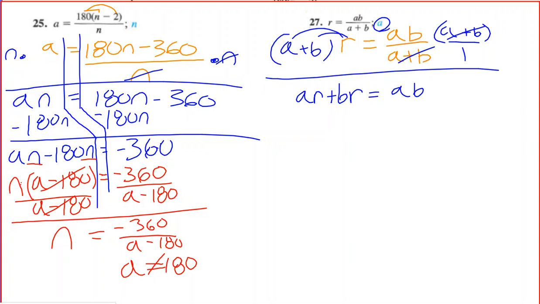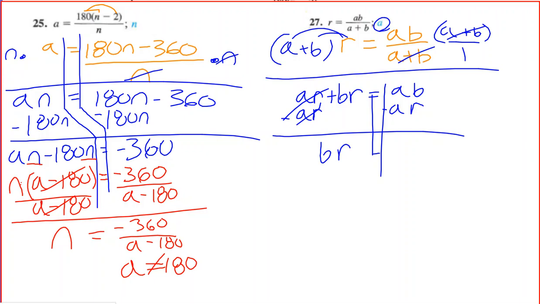So the opposite of positive AR is negative AR, so I'm going to subtract AR. And again, I can't combine AB and AR because B and R are not the same thing. So these cancel out, and I will get BR is equal to AB minus AR.